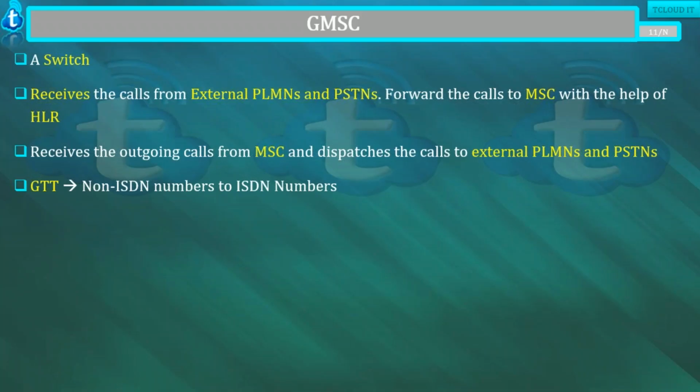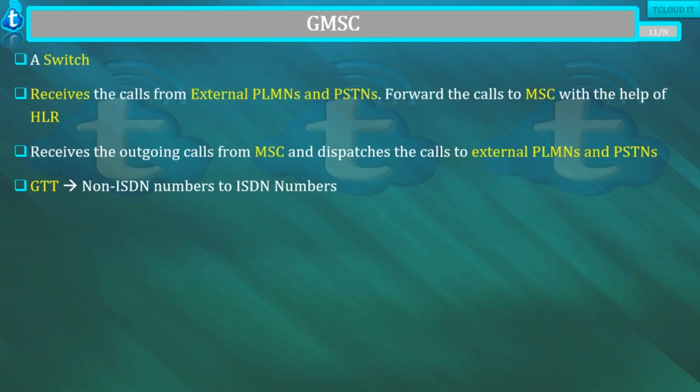So the company which is selling this toll-free number stores this information, what the toll-free number is and what the corresponding ISDN number is, in these ISDN dictionaries. The GMSC will be able to access those dictionaries and look up the equivalent ISDN number for this non-ISDN number. Once it finds that information, it will be able to route the calls on the basis of the ISDN number it found.